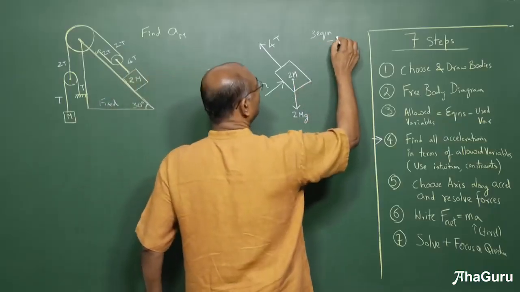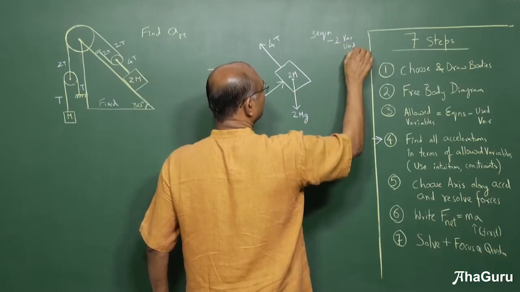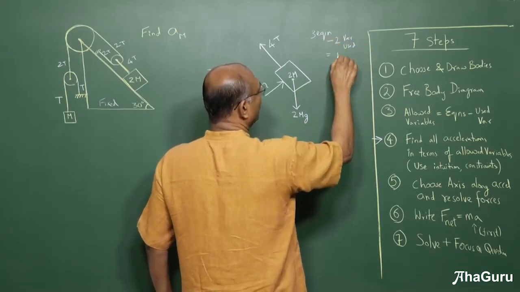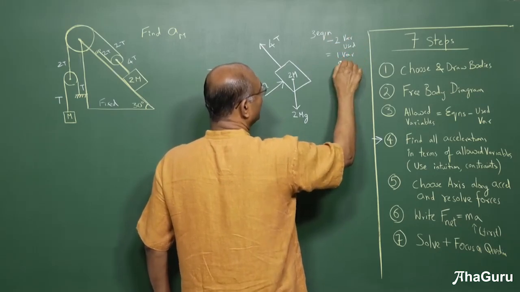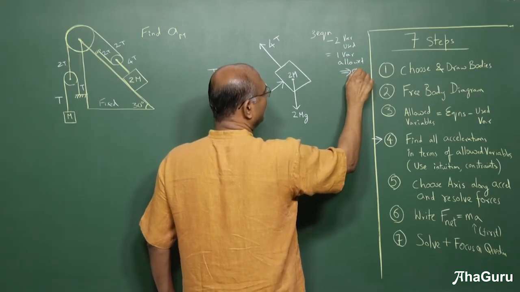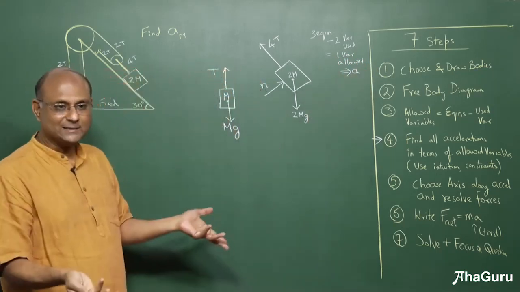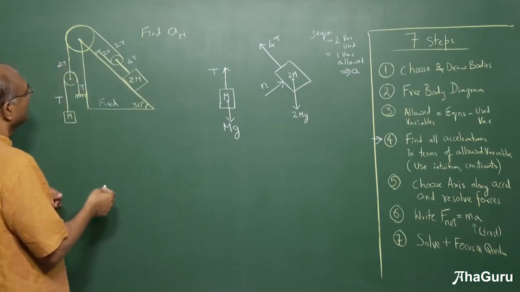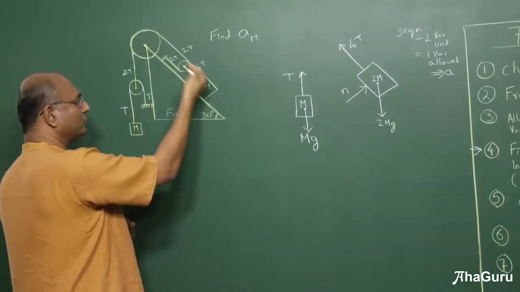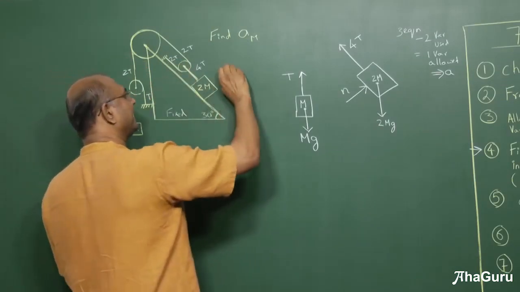So two variables have been used up, which means 3 minus 2, one variable is allowed, which basically means you're only allowed A. You can't say B. So something you have to choose as A. I could choose this as A, I could choose that as A. We started T here, so let us start with A here.